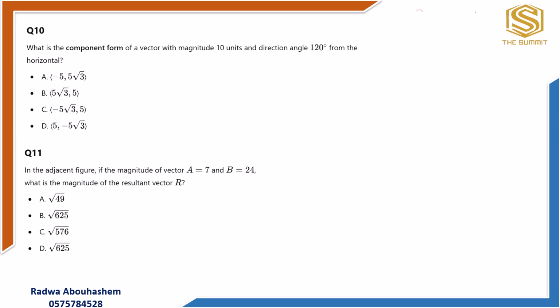What is the component of a vector with magnitude 10 and direction angle 120? Remember, the rule is the horizontal component and the vertical component: magnitude times cosine theta and magnitude times sine theta.